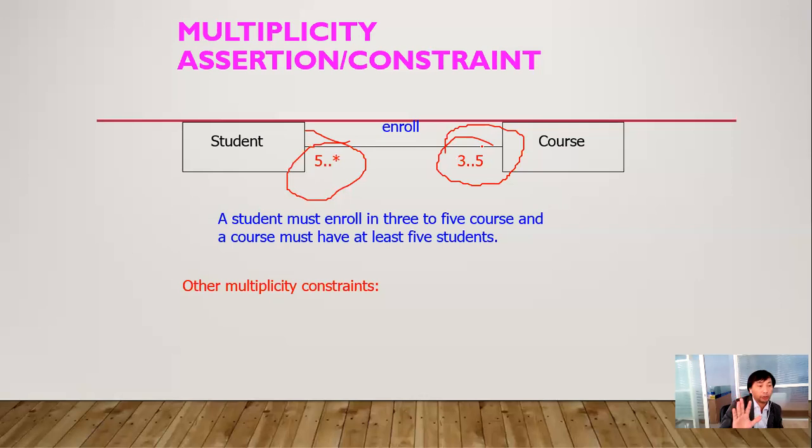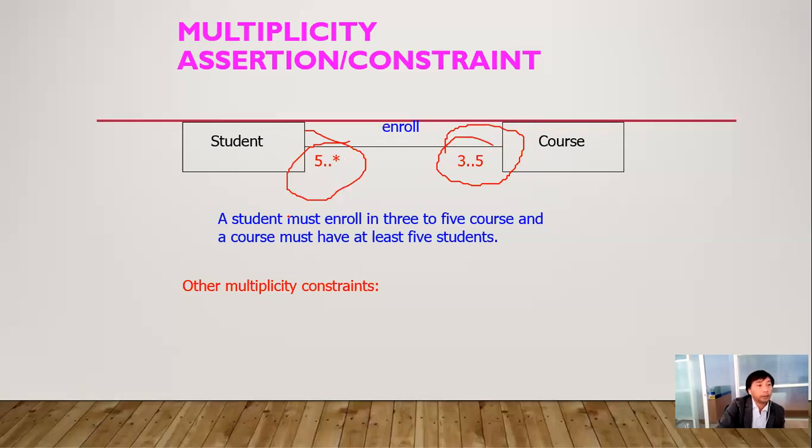And one course has a minimum of 5 students, and the maximum will be unlimited if you give this kind of symbol. So one course can consist of a minimum of 5 students and a maximum of unlimited.